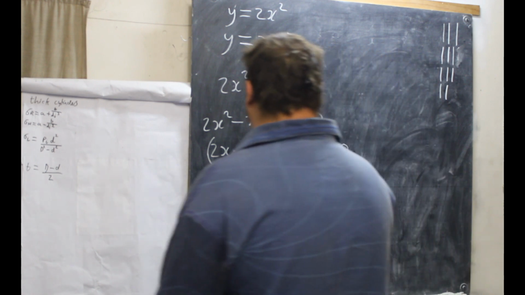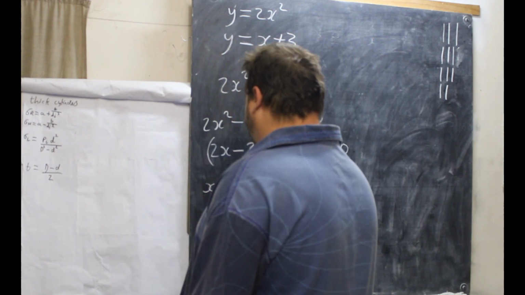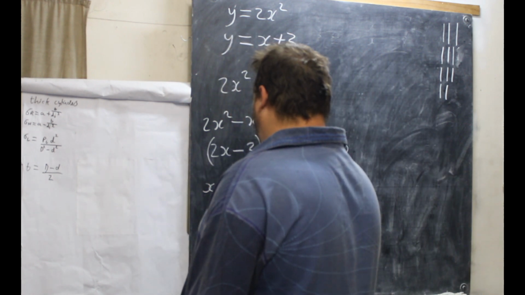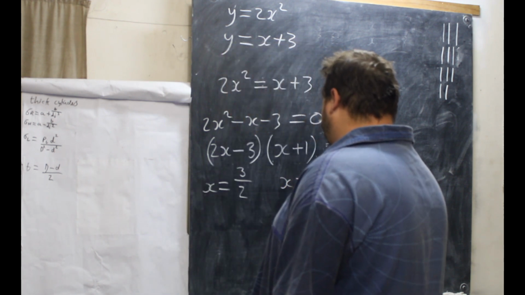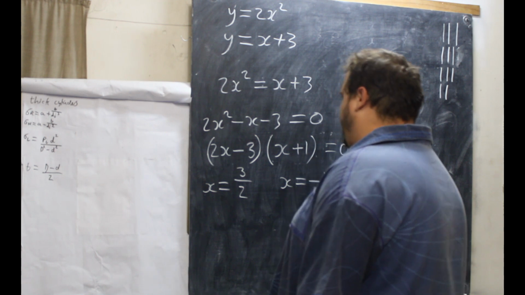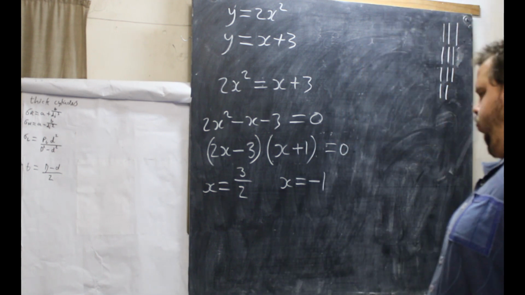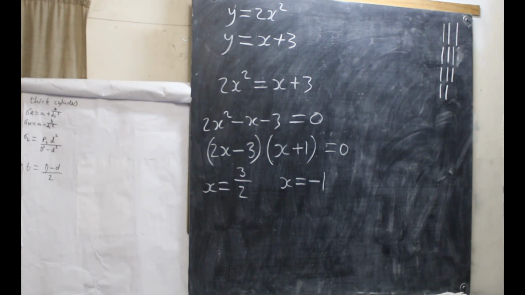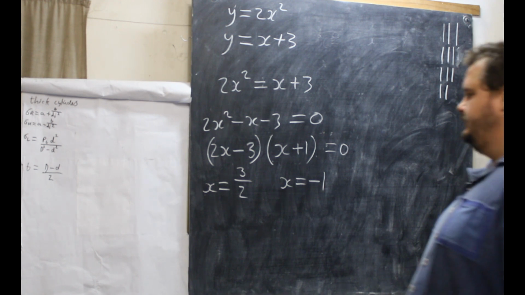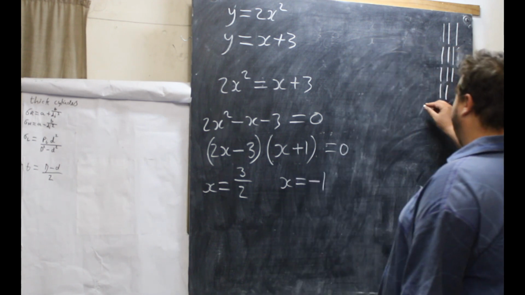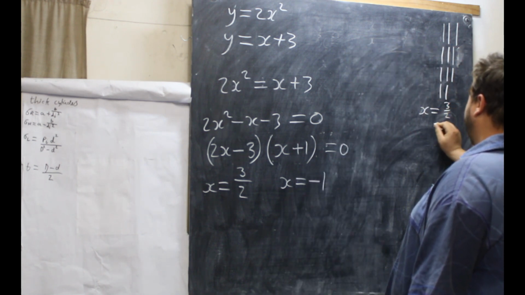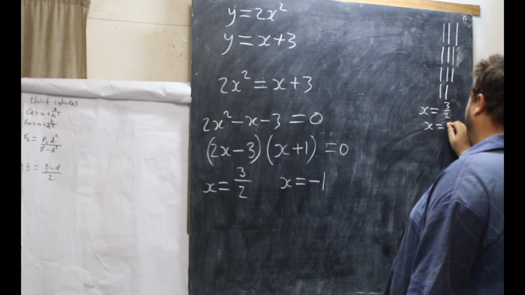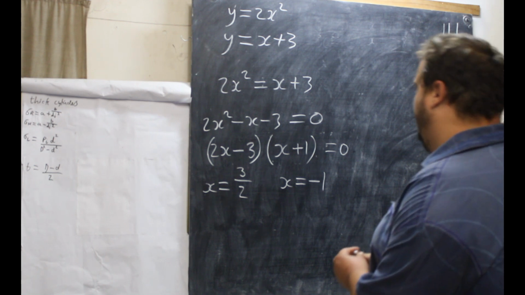Our solutions will be x is equal to 3 over 2 and x is equal to minus 1. Because this is rotated about the x-axis, let's keep that here because we will need it. x is equal to 3 over 2 and x is equal to minus 1.